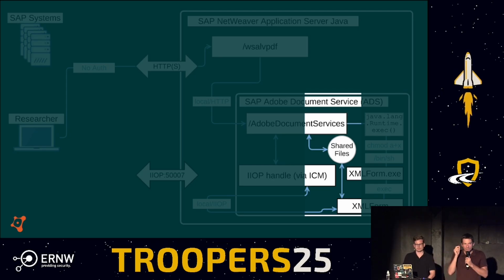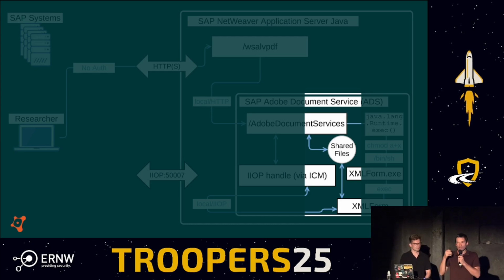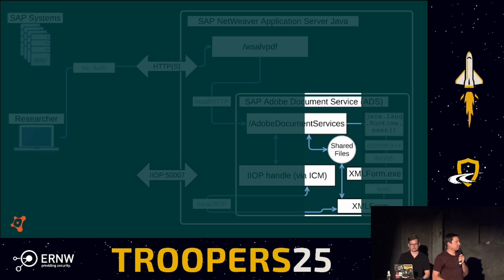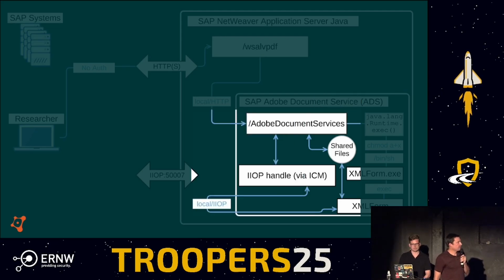This piqued our curiosity again, because it means this XMLForm could be a powerful process. It was able to write on the system and read on the system, so it looks like something we would like to look at.